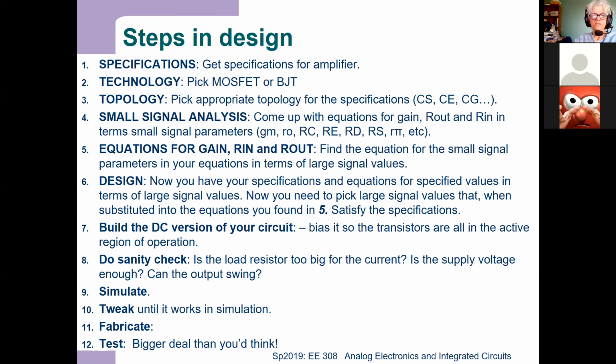So these steps up top: you get the specifications, you pick whether you're using MOSFETs or BJTs, then you pick a topology circuit that has a possibility of satisfying those specifications. Then you use that circuit, find an equation for whatever spec was given to you, set the value you were given equal to that equation, and solve for stuff in the equation.